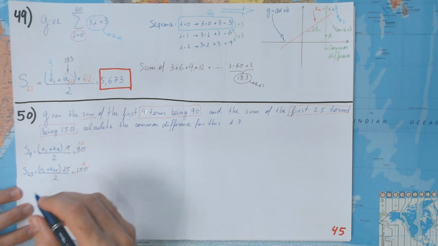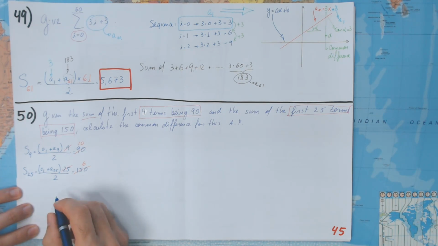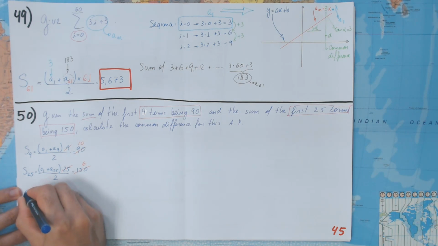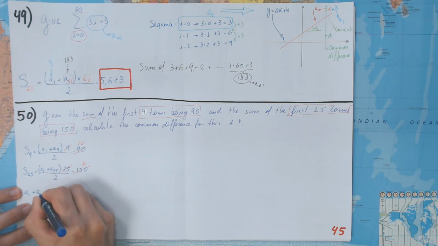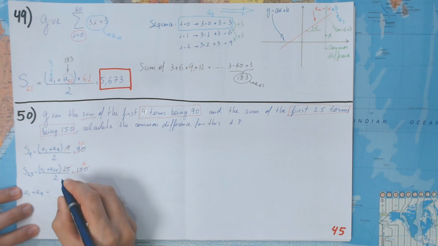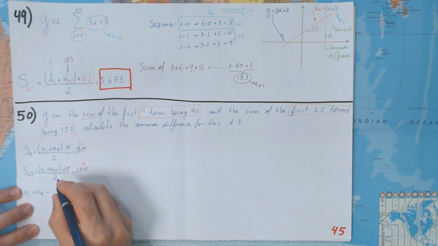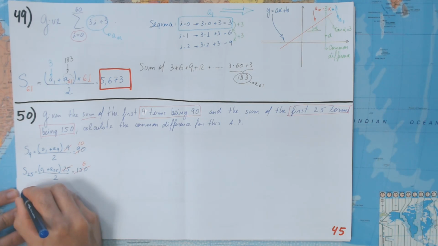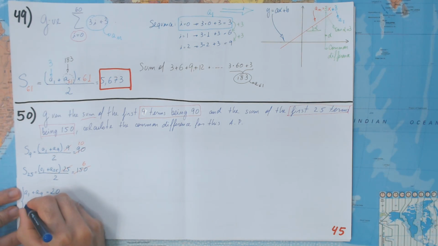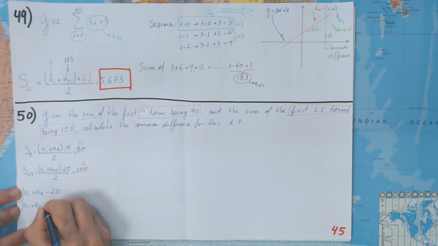The bigger the number, the bigger the mistake. Now, this is going to be what? A1 plus A9 equals 20, just 20, right? And this is going to be our system. Now this one, A1 plus A25, is going to be just 12.